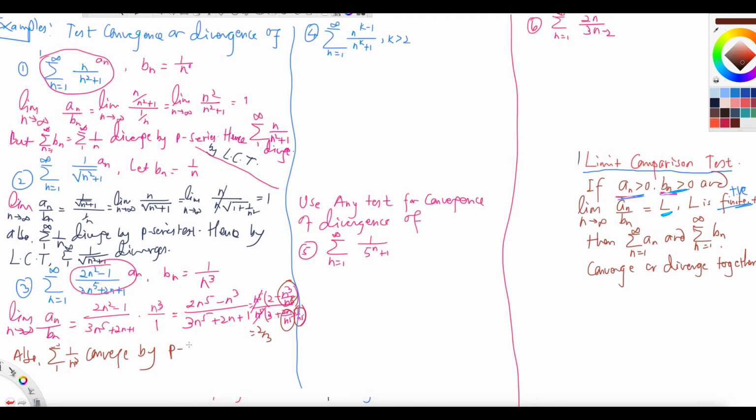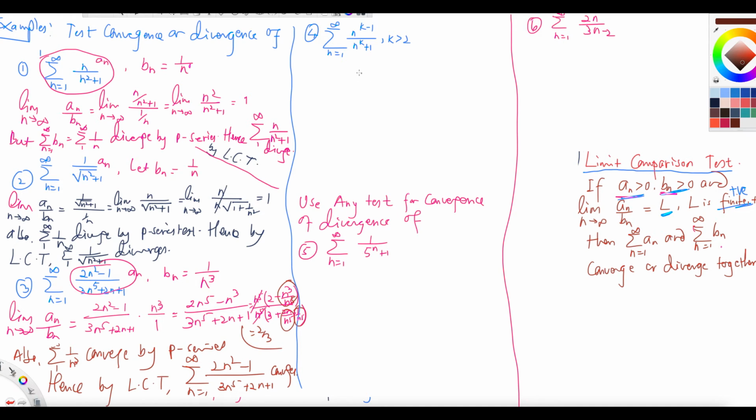Since the limit of the ratio is a finite and positive number, and since this series bn converges, then the series of an should converge. Hence by the limit comparison test, the summation from n equals 1 through infinity of 2n squared minus 1 over 3n to the 5 plus 2n plus 1 converges. That's what you got.